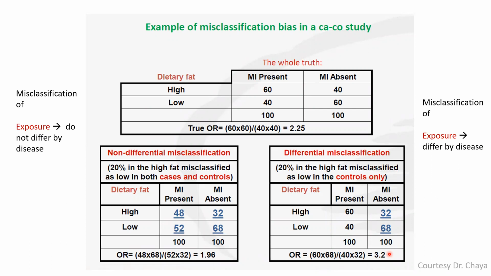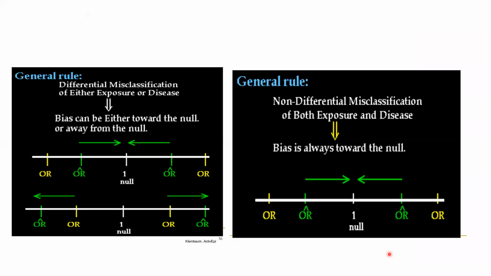And this is basically why we usually say that the general rule would be that differential misclassification of either exposure or disease will bias my estimate. It could be either toward the null or away from the null, and it can be away from the null, which can really be problematic.